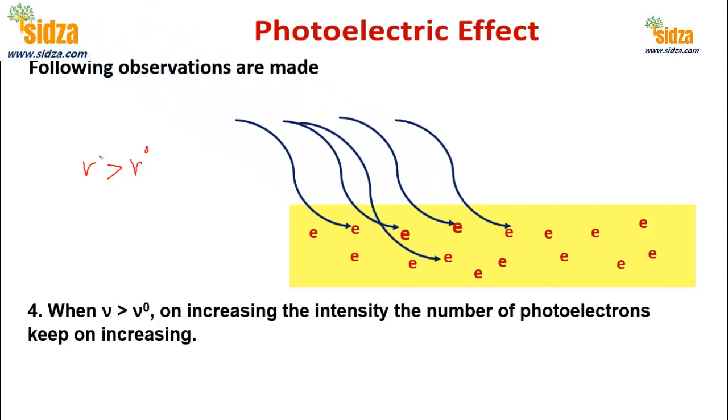More electrons will be ejected, because in this case we're using quanta that have an energy more than this threshold energy. And the excess amount of energy, the rest of the energy in this quantum, will go in the form of kinetic energy.